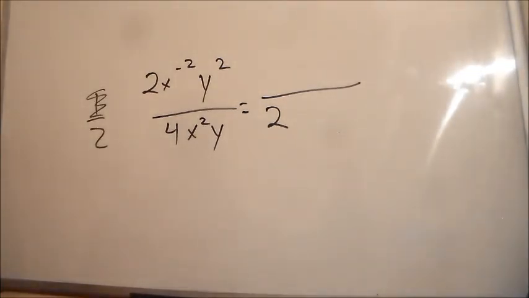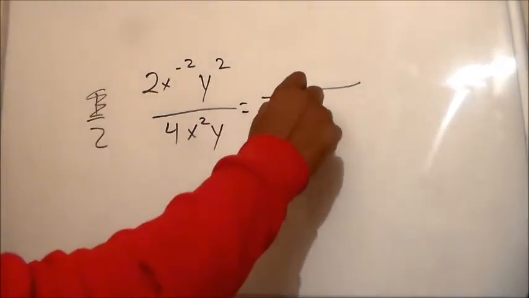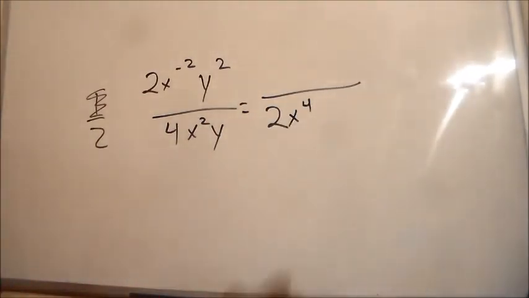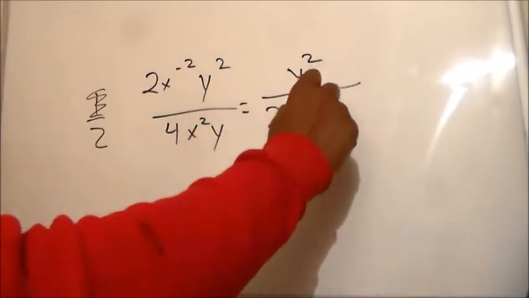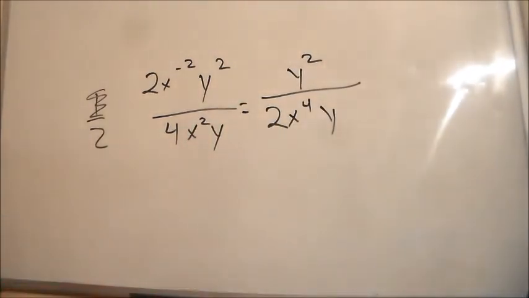The x squared is going to go down, and then it's going to become x to the 4th. And then we have a y squared up top and a y on the bottom. Nothing needs to go upstairs. And that's our final answer.